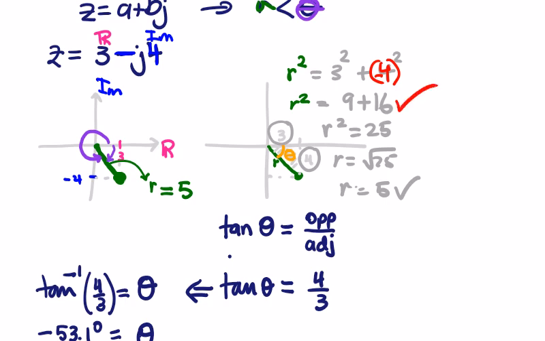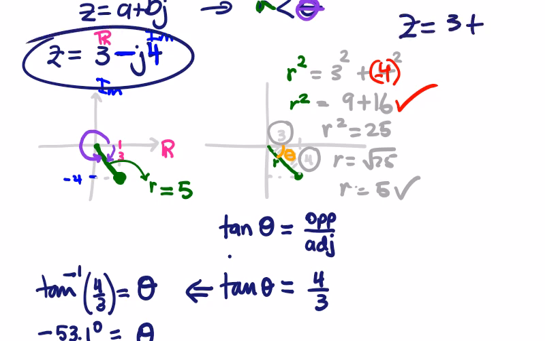So it makes no difference. The modulus of this complex number z and the complex number 3 plus j4 with positive imaginary part will be the same, but the angle will be different because of the quadrant where our number is.